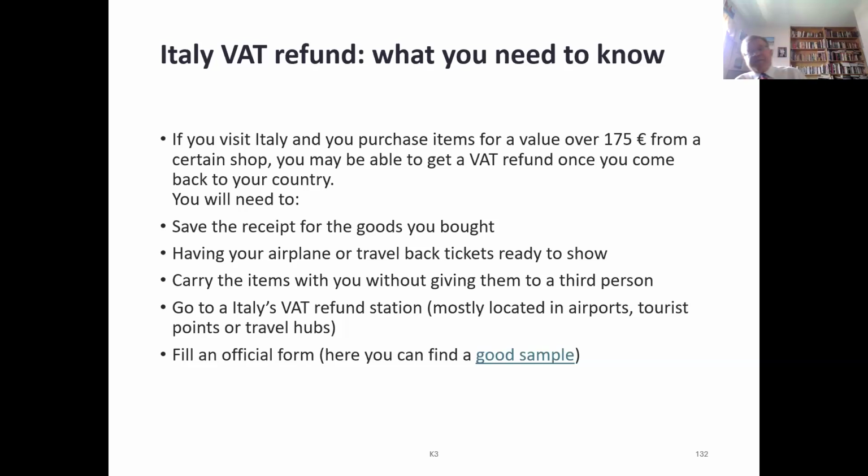So if you visit Italy and you purchase items for a value over €175 from a certain shop, you will be able to get a VAT refund once you come back to your country. You will need to save the receipt for the goods you bought, have your airplane or travel back tickets ready to show, carry the items with you without giving them to a third party, go to Italy's VAT refund station, mostly located in airports, tourist points, or travel hubs, and fill an official form out.